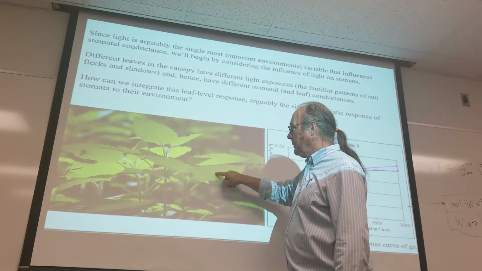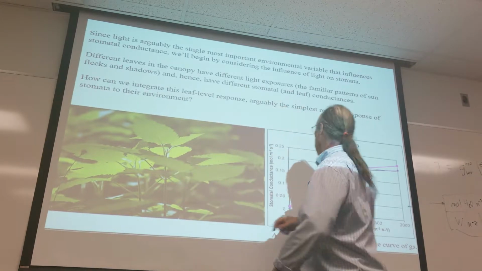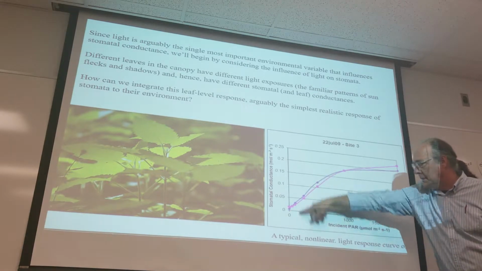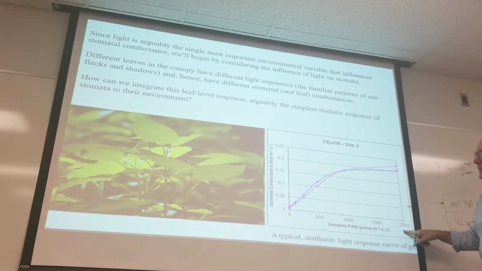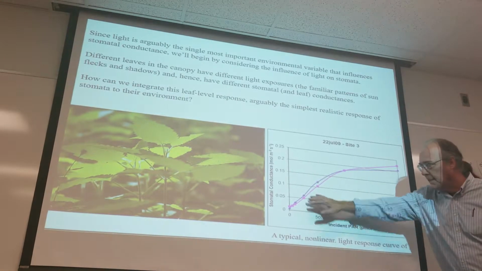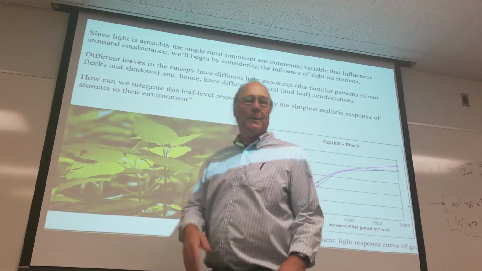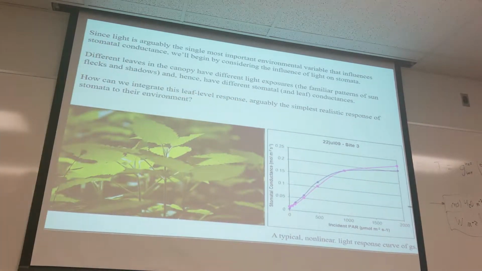This leaf will probably have a different stomatal conductance than this brightly lit leaf, just because of this nonlinear conductance versus PAR curve. The fact that this curve is nonlinear throws a little bit of a monkey wrench in it. If it were linear, this would be easy to do. If the response of stomata to light were linear, what we could do is measure how much light is being intercepted by the canopy.